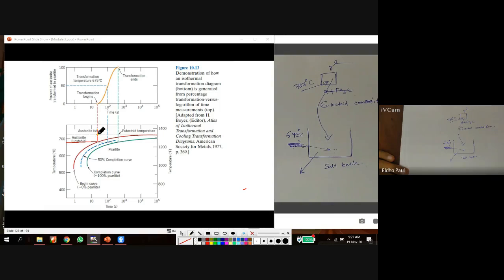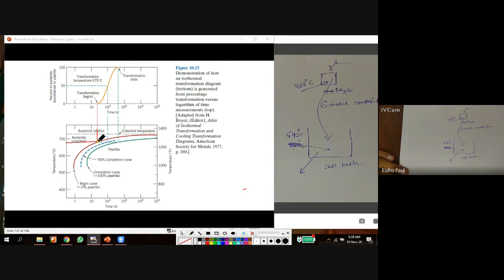But here, at this point, the austenite is unstable because the austenite may suddenly change to another microstructure, since the temperature is less than 727 degrees Celsius. But the cooling is very rapid, so the austenite will not get enough time to diffuse into another microstructure. So at this point, as well as at this point, the austenite is 100% in the sample. Here in this region the austenite is unstable, but here it is stable.